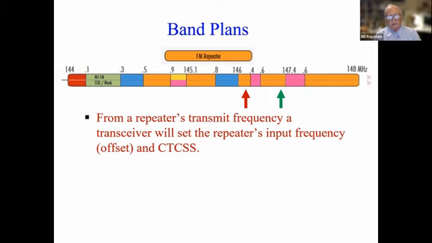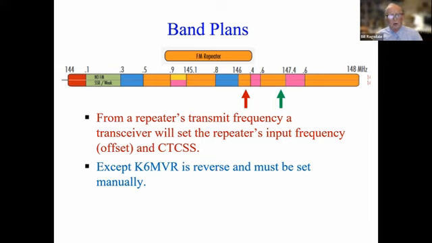So let's talk about band plans. The band plan is the method of sharing the frequencies, because as we know, by law, we do not have exclusive use of frequencies, but if we spread them out, we can find a little place to plant our equipment. You see here, the green arrow is our KE6YUV transmit frequency, and its receive frequency is the red arrow, and they are 600 kilohertz apart. Each transmitter pair also requires a CTCSS tone for reliable operation.